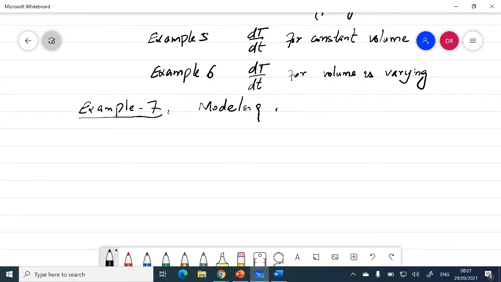This example will be about modeling of a continuous stirred tank reactor, CSTR. So there is a tank, there will be a stirrer, and there will be some reaction inside. Also the process will be continuous, so that's why we call it a continuous stirred tank reactor.